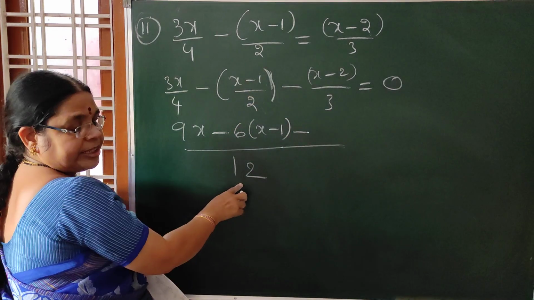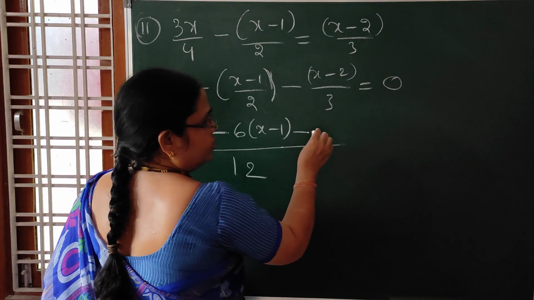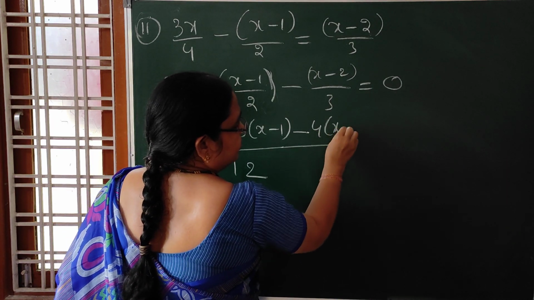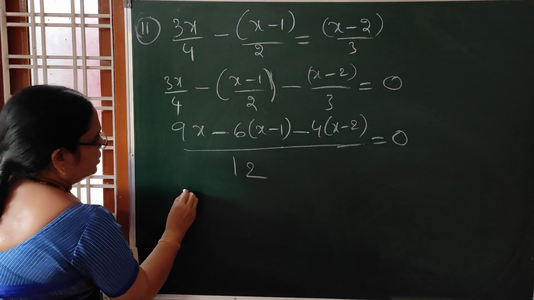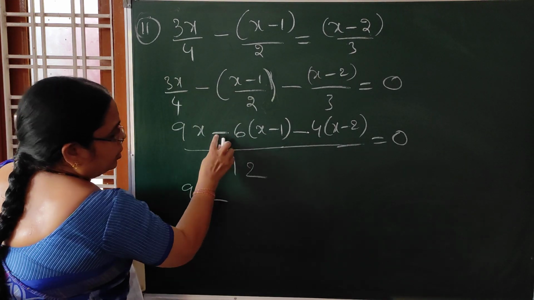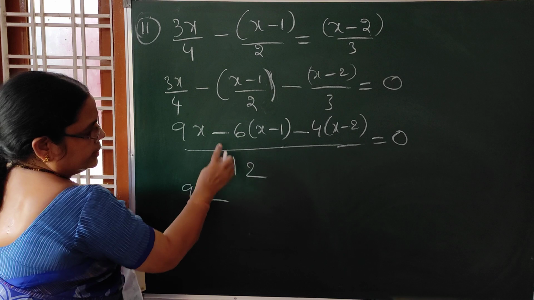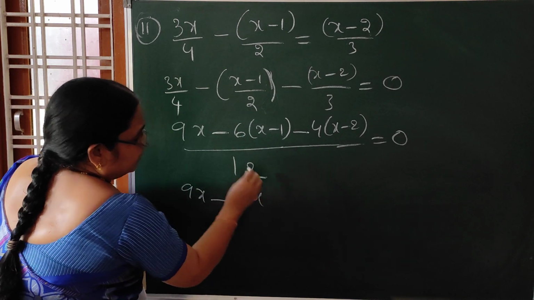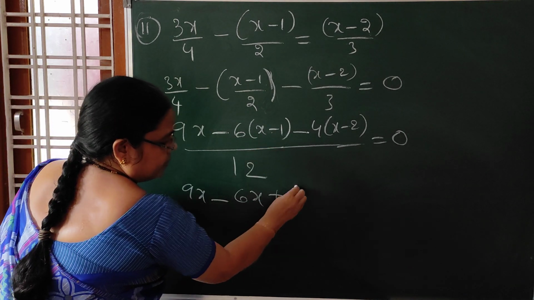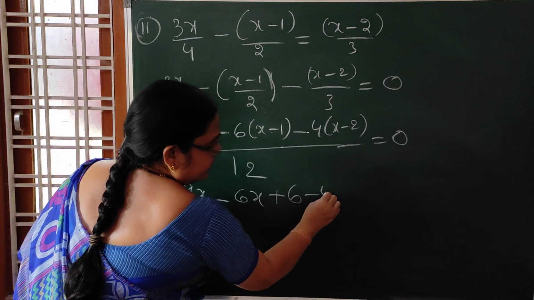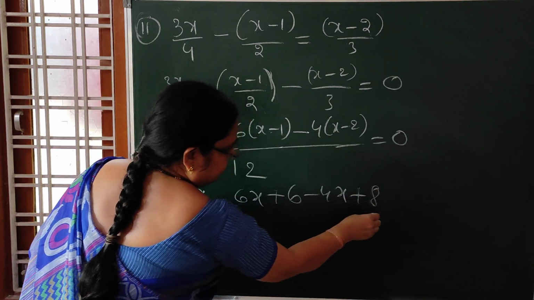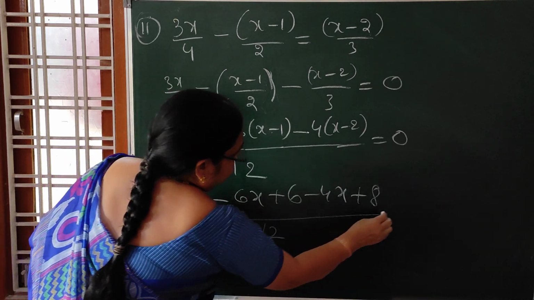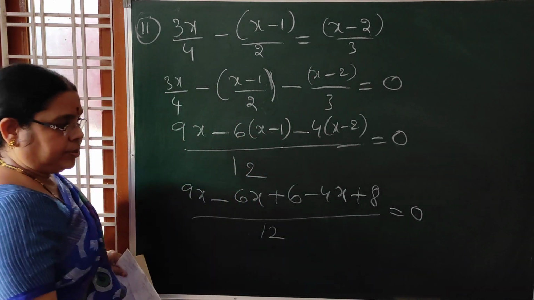Minus, this is how many times it's going? 3 4s are 12, 4 into x minus 2 is equal to 0. So this is 9x. Minus into plus becomes minus, 6 into x is 6x. Minus into minus becomes plus, 6 ones are 6. Minus 4x, minus into minus becomes plus, 4 2s are 8, by 12 is equal to 0.